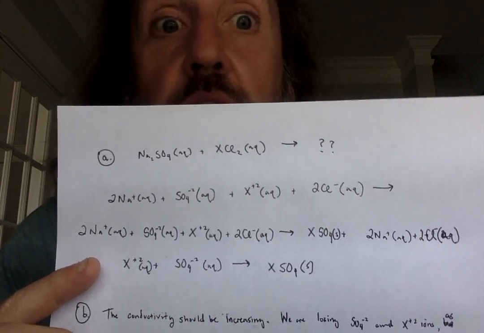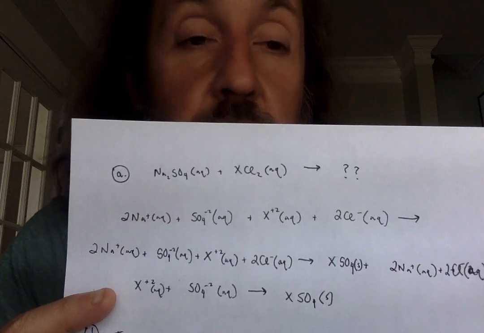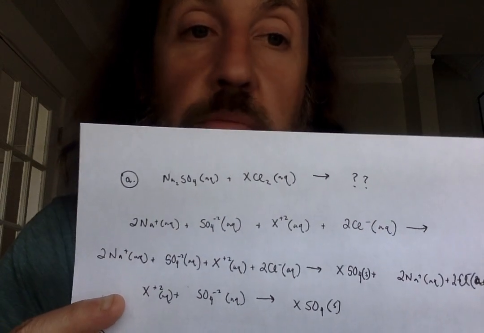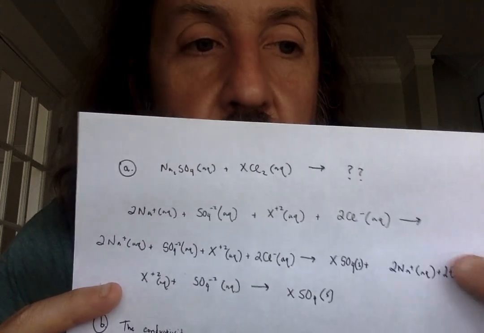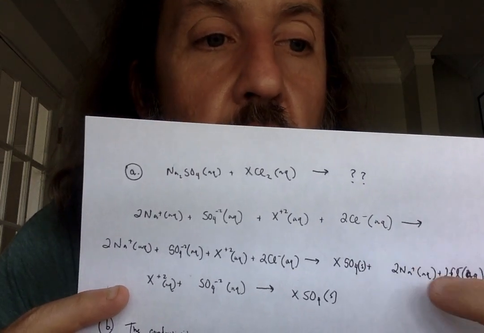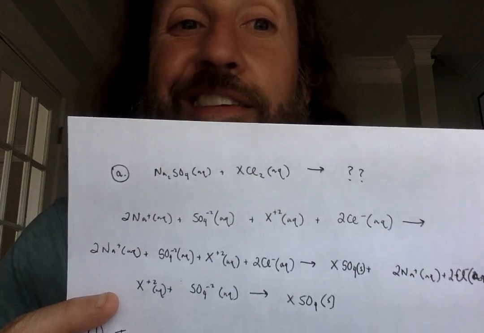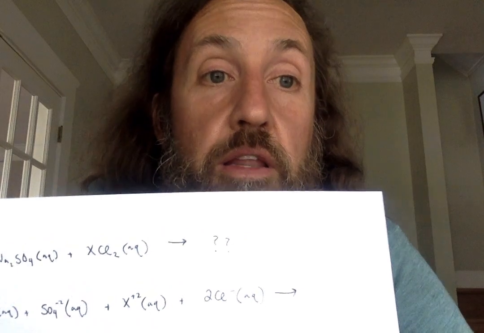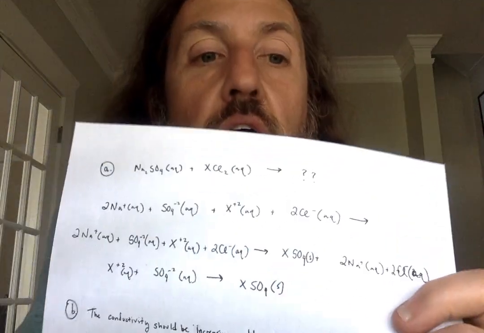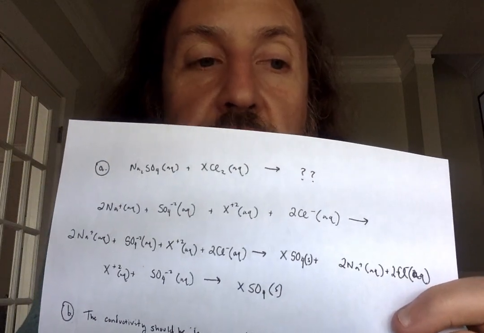Since the sodium is coming in with the sulfate and it was soluble, I know my sodium is nothing I'm interested in. And the chloride, same deal. NaCl is very soluble in water, that's not going to form a precipitate. So those are my spectators, and a spectator doesn't take part in the actual reaction.